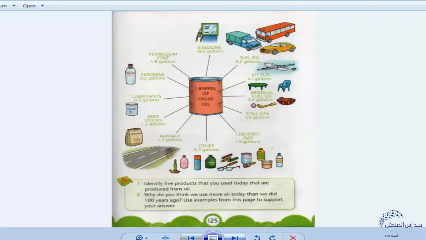Then they also talk about how things were made long ago and how we do things today. So bread. Today with modern technology, they bake bread. In the olden days, you just used dough and put it on the fire. In the olden days, clothing was sewn with a needle.